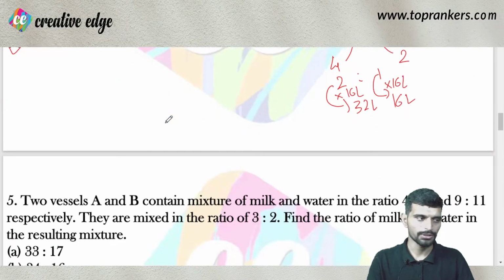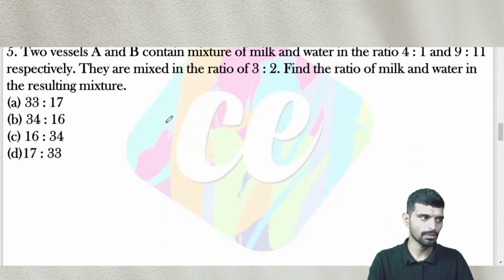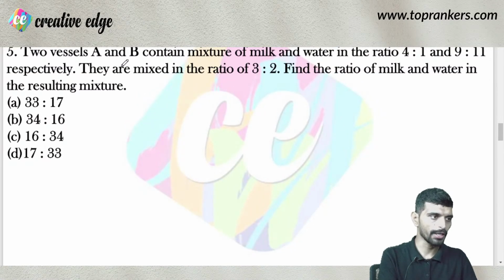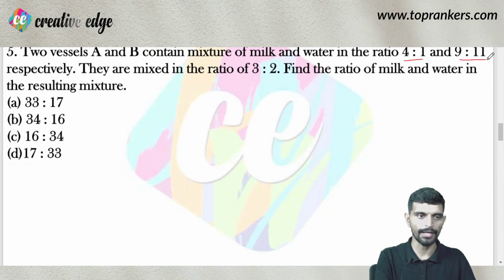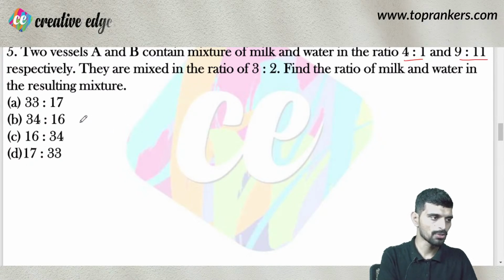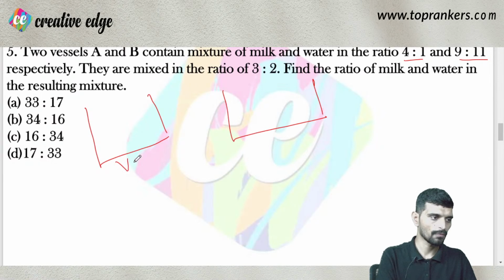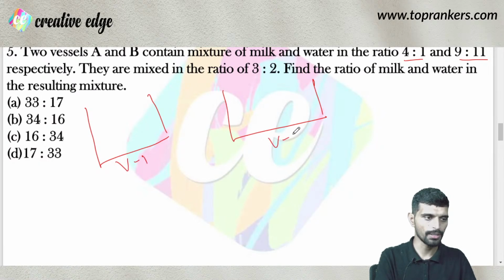Okay dear students, let's move to the next question. Two vessels A and B contain a mixture of milk and water in the ratio 4:1 and 9:11 respectively. So we have two vessels here, vessel 1 and vessel 2.